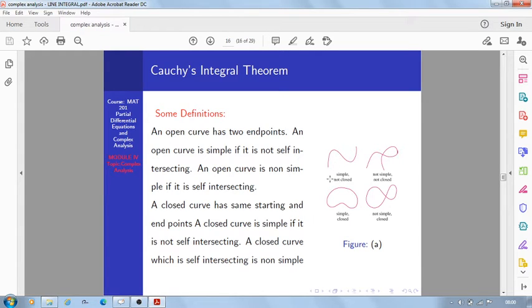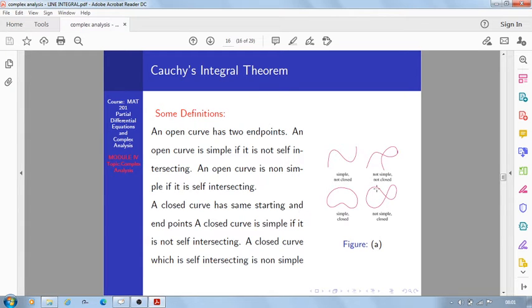But we say that a curve is simple if it does not intersect itself. So this is an open curve, it is a simple curve. This is again an open curve, not a closed curve, and this is not simple because it intersects itself at this point. Now this is a closed curve, it is a simple closed curve, and this is again a closed curve.